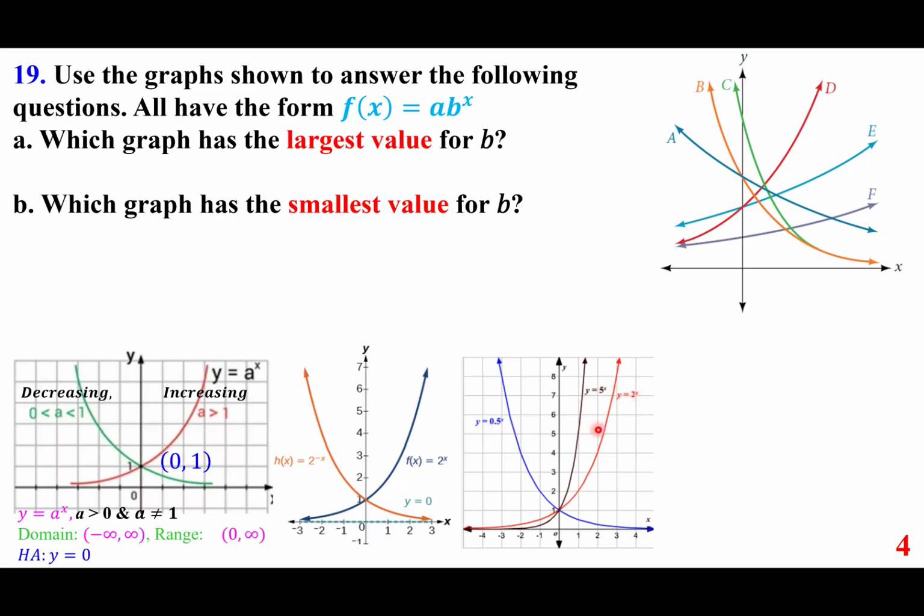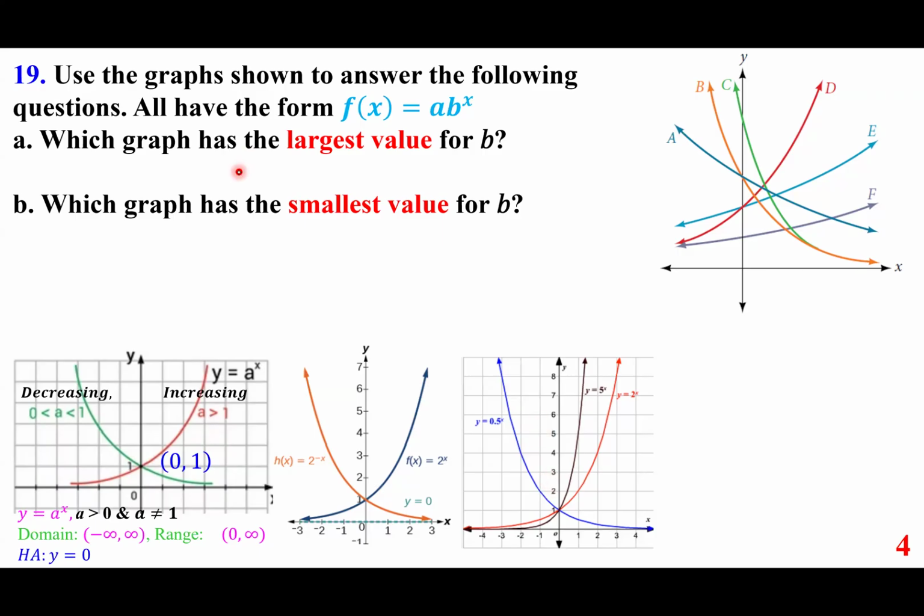When the base gets larger, on the right side, it gets closer and closer to the y-axis. On the left side, it gets smaller as it gets closer and closer to the y-axis.